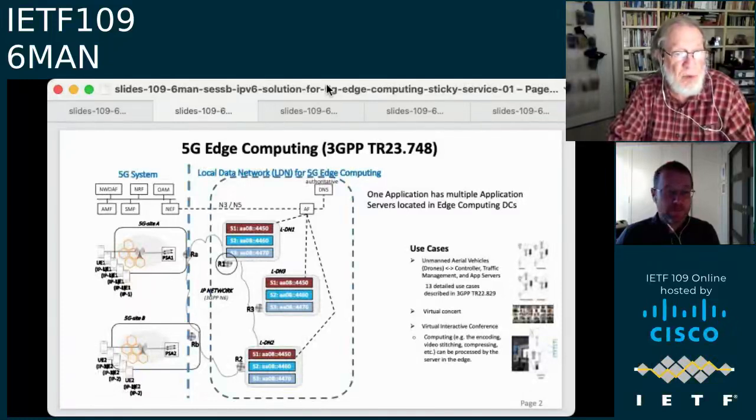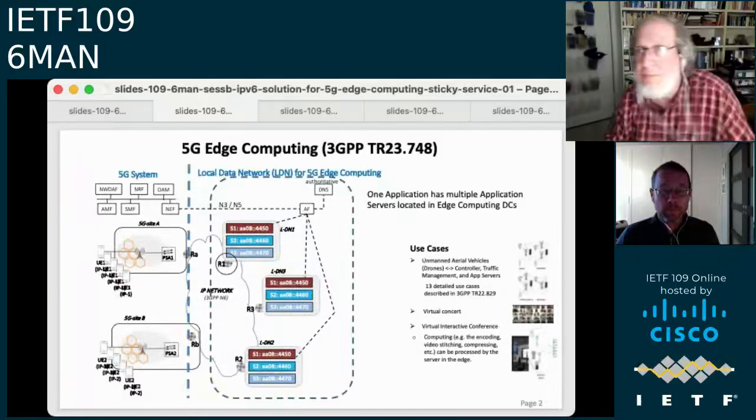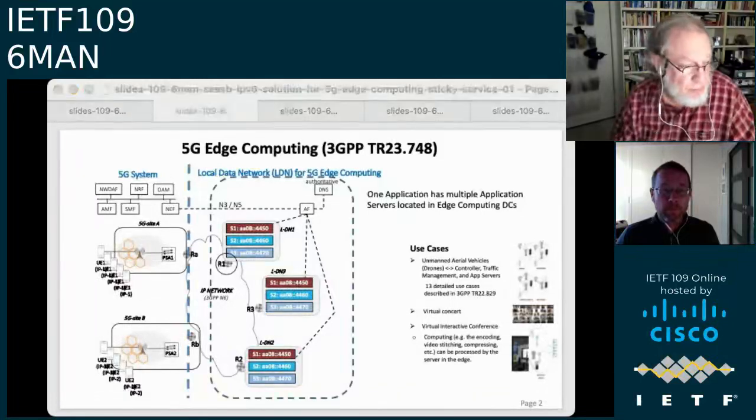In a nutshell, there is a 5G system on the left-hand side of the dotted line. We have cell tower, packet session anchor, and distributed functions for the 5G system. There is an interface to the local data network, they call LDN, for edge computing.